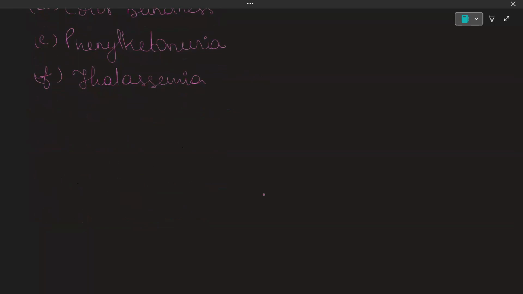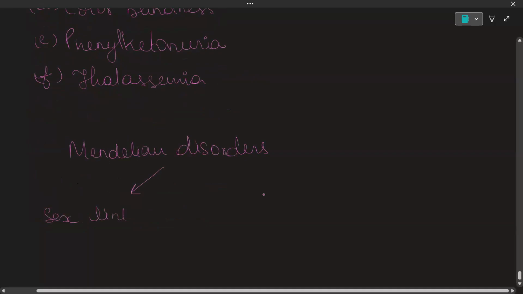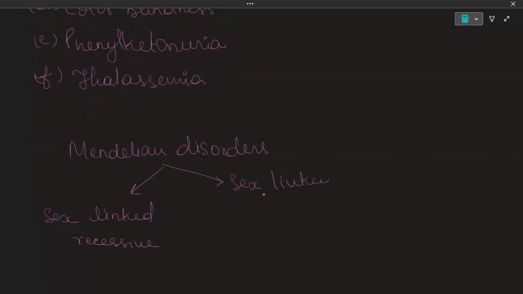So it is related to either the X or the Y. So Mendelian disorders can be sex-linked recessive and they can be sex-linked dominant. Got it?